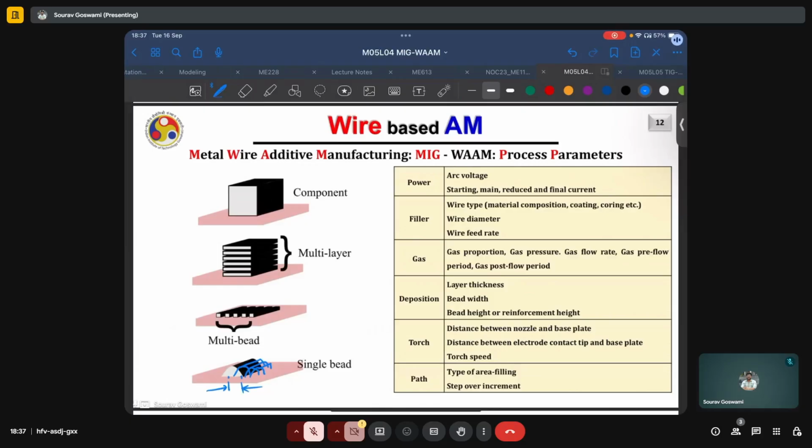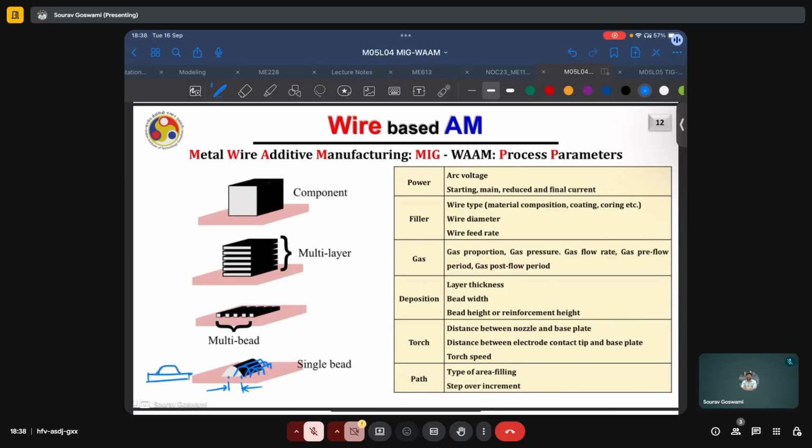And depending on the type of surface finish and surface morphology that we want, whether we want it to be wavy or flat or bulged, this distance can be varied. We can check whether there is any inter-track porosity forming, and what is the contact angle of the single bead from the substrate, whether it is concave or convex, and other things.